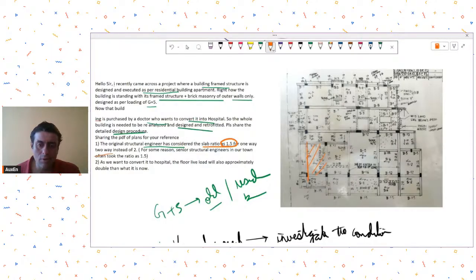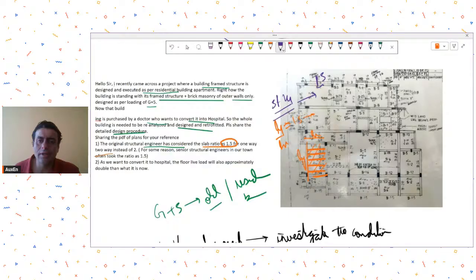Now here, if you were to check for the Ly upon Lx, even at 1.5 ratio, they have provided only one way type of reinforcement. So see, if you look at SP24, they have given this explanation behind the one way, two way. In SP24, if you look at the ratio beyond which most of the loads are taken by the short span, yeah, it comes to around 1.5.